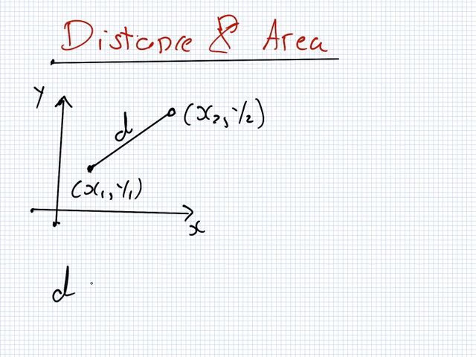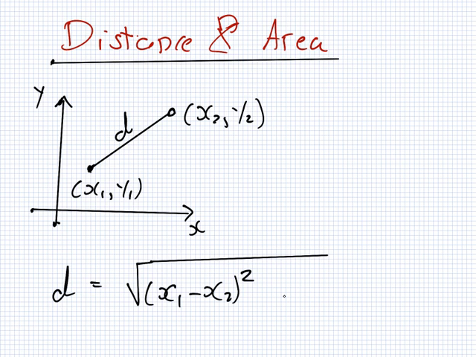The formula to get the distance here is the square root of the difference of the x's, x1 minus x2 squared, plus the difference of the y's. Okay, so that's our first formula. I'll write down all the formulas and then do some examples.